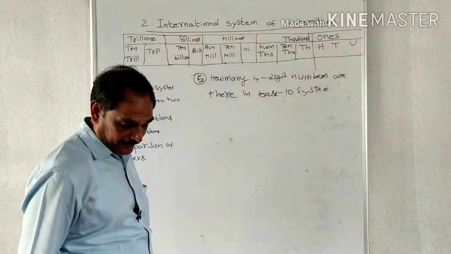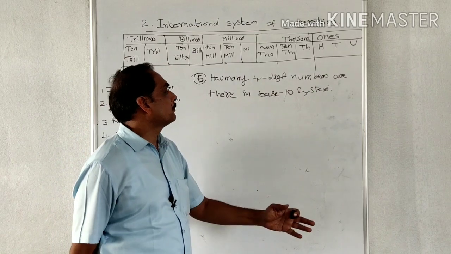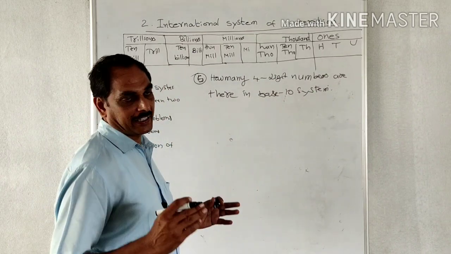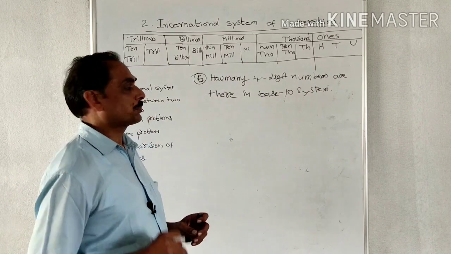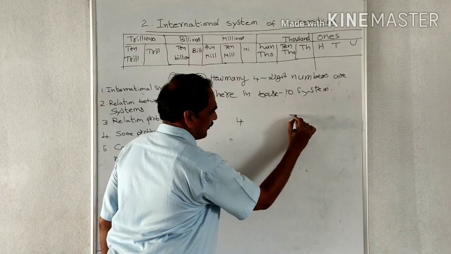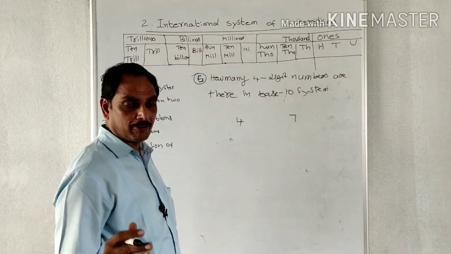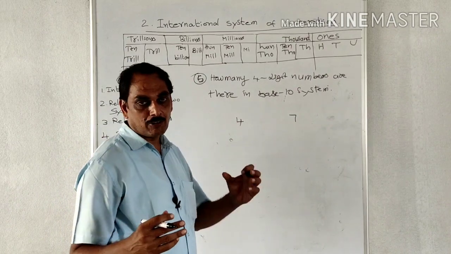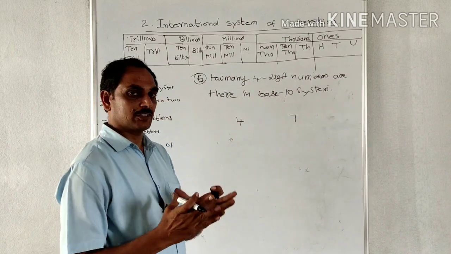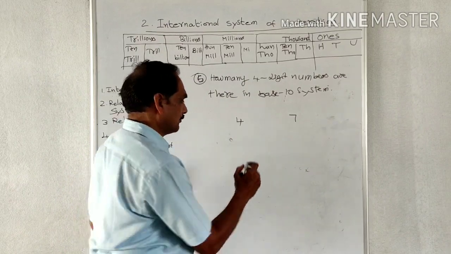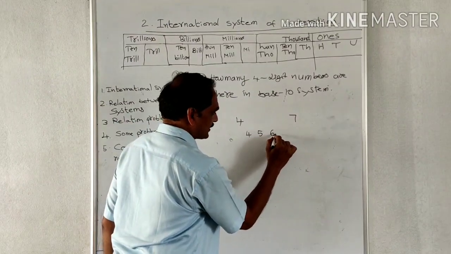Before finding the number of 4 digit numbers in base 10 system, first we take 2 small problems. First, the number of numbers from 4 to 7. We write this, the smallest distance from 4 to 7: 4, 5, 6, 7.